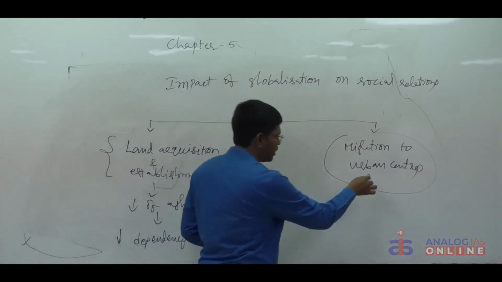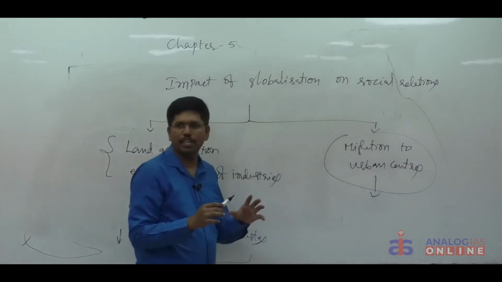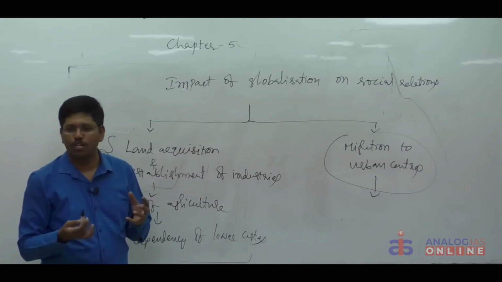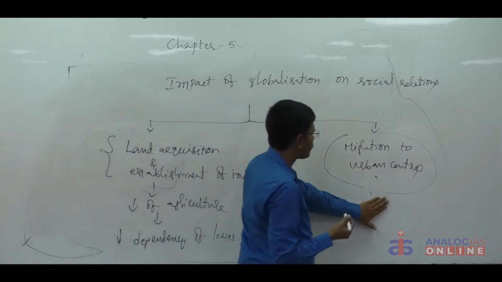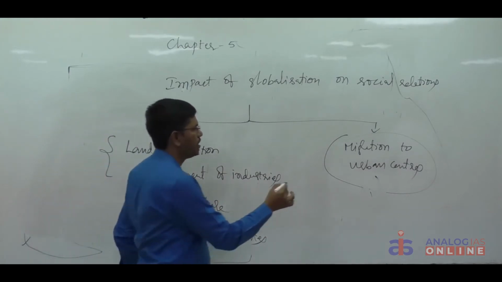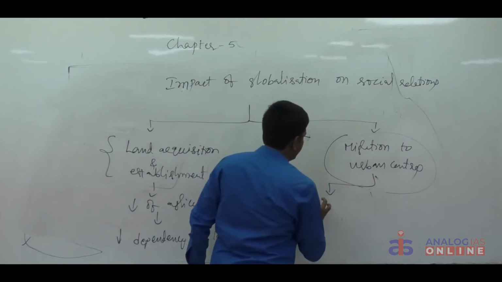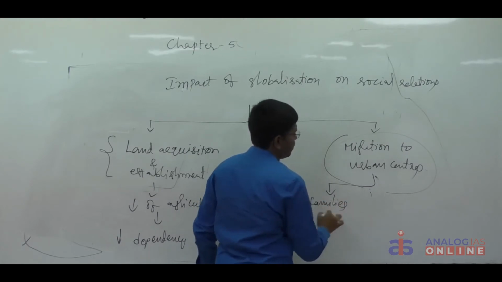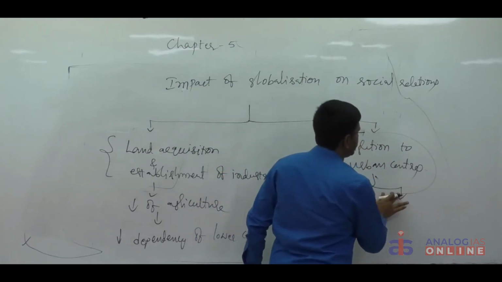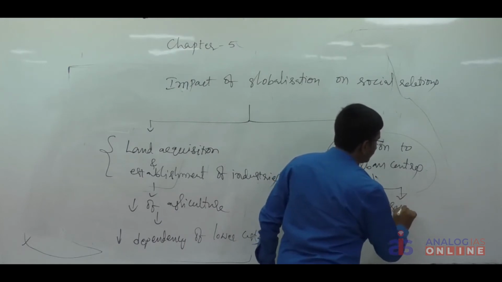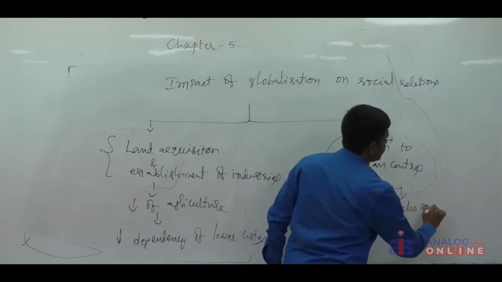Because of that, there were changes in the families and changes in attitudes, psychosocial impacts, which have repercussions on their social relations in the villages. Simply, you can write psychosocial impacts.